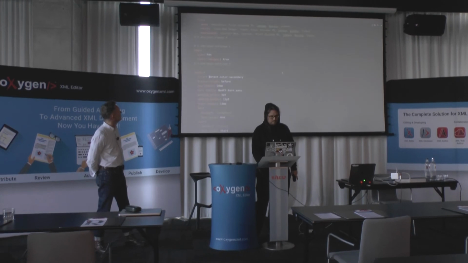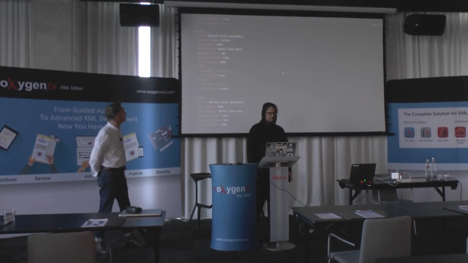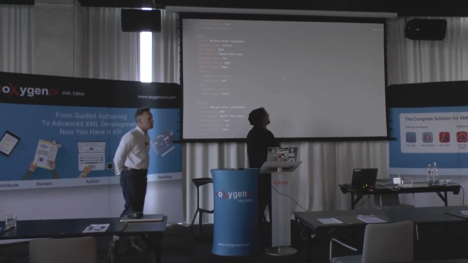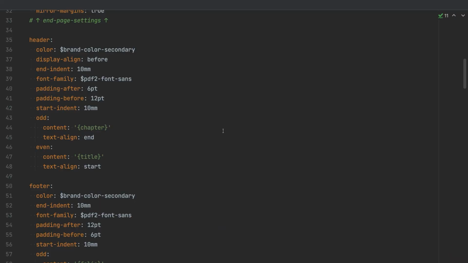Cool, that's great. Normally it's static things like fetching a string, a simple metadata value, or perhaps a logo. Exactly, and Jarno did what I should have done all along, which is show you the actual theme file for the docs. This is the header and footer section, and Jarno has drawn our attention to the fact that the odd pages get a chapter variable in the odd headers, and the even ones get the title, which would be the section or topic title.